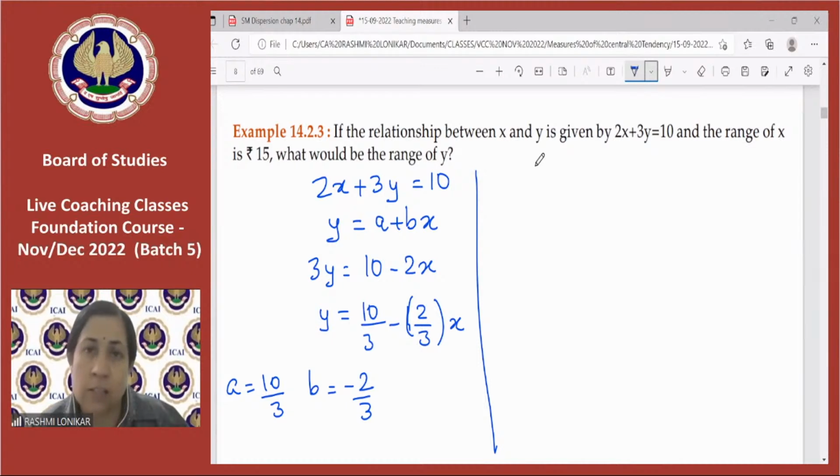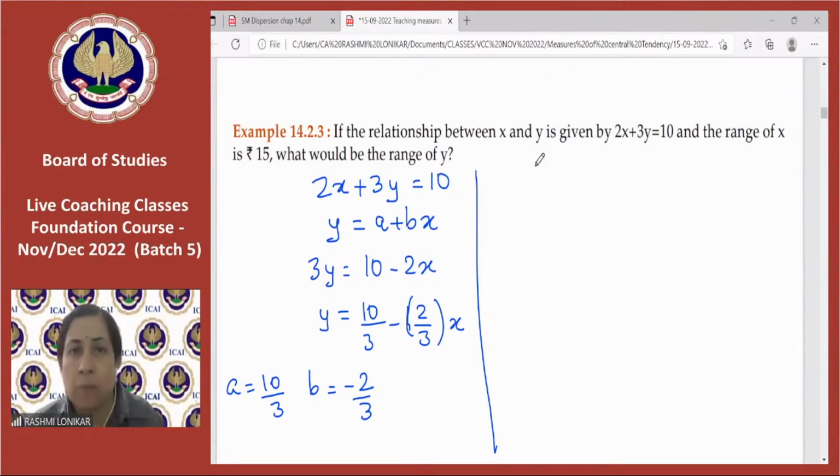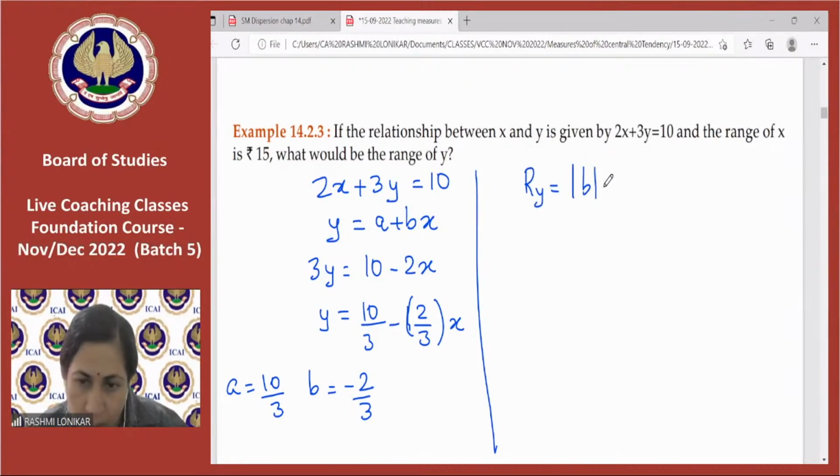Now, what is the property saying? The property says that range is unaffected by change of origin, but it is affected by change of scale. So, we say that R of y is equal to mod of b into R of x. Now, b is mod of minus 2 by 3, and range of x is given to me as 15, so into 15.